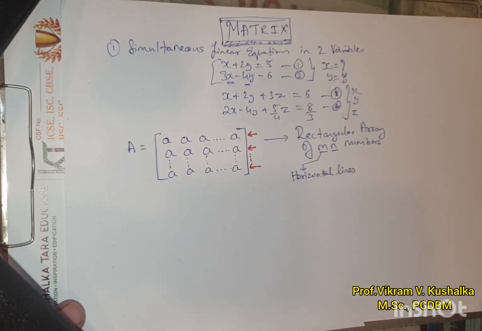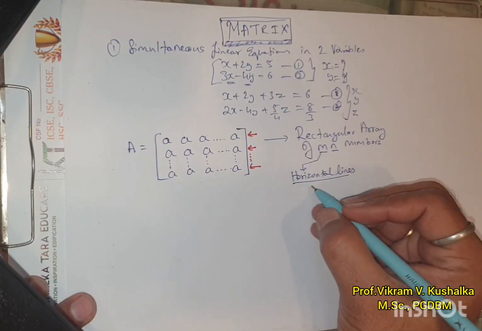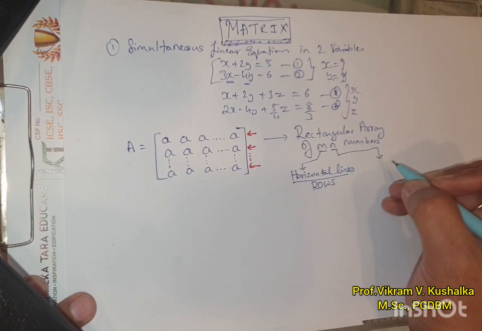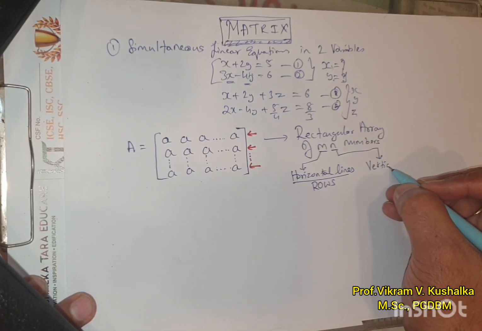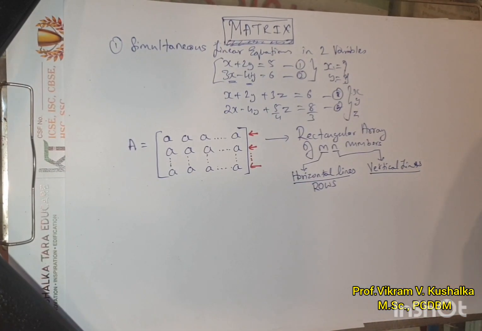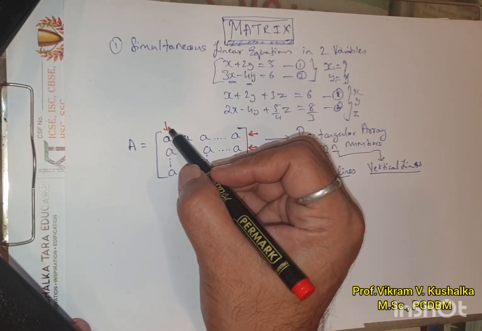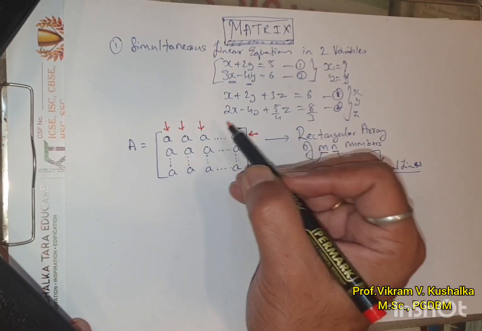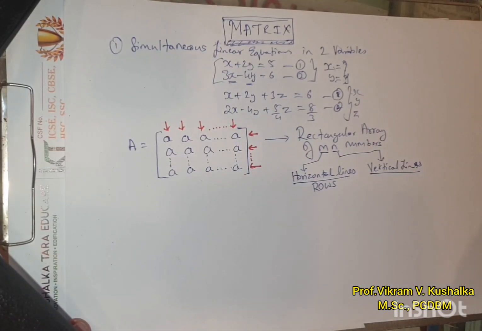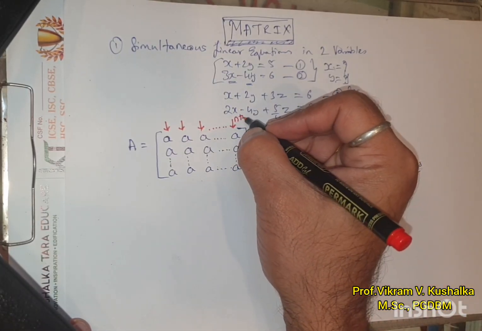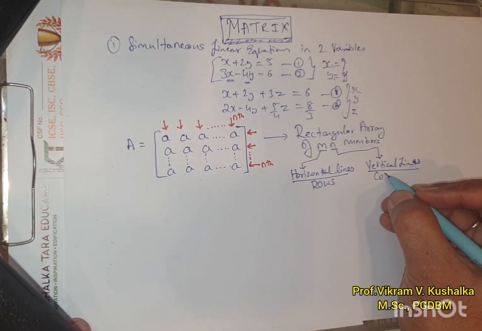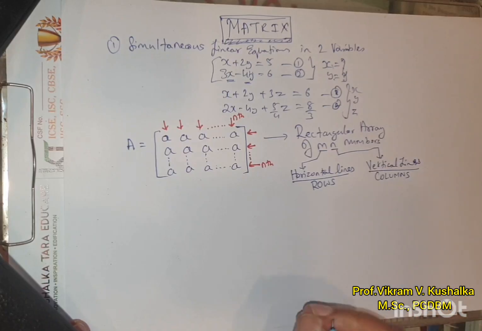So m stands for horizontal lines which are known as rows, and n stands for vertical lines. Now which are those vertical lines? You can see over here the first vertical line, second vertical line, third vertical line, and so it goes on to the nth vertical line. These vertical lines are known as columns.